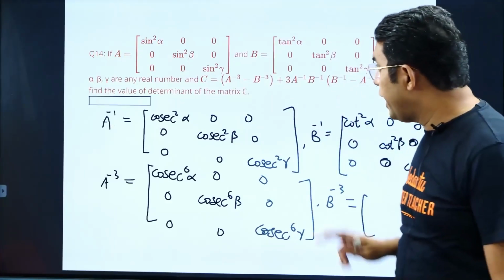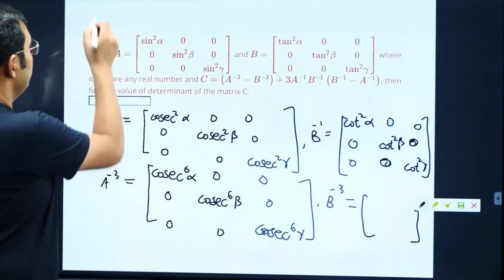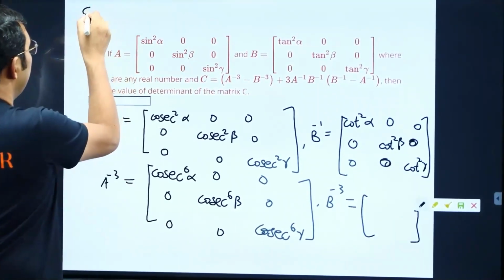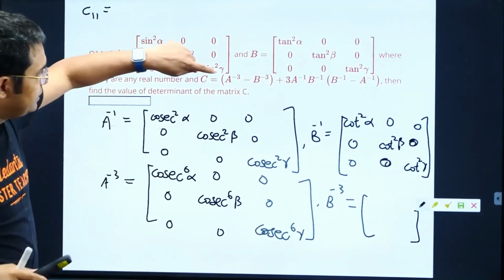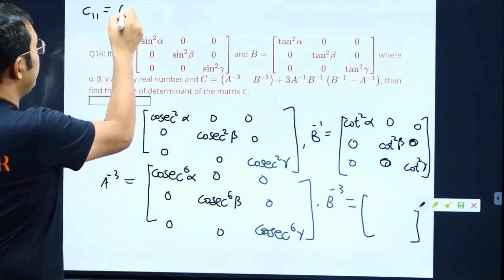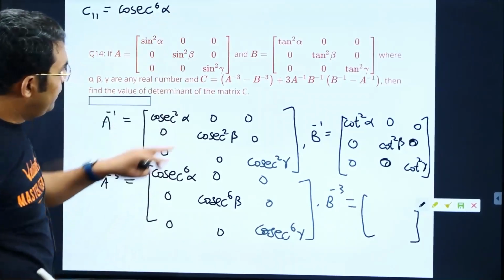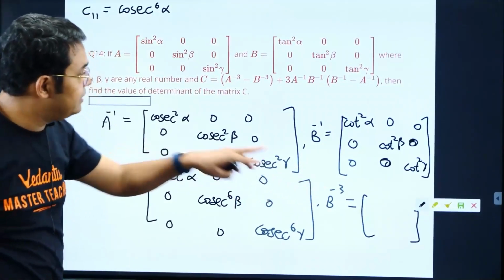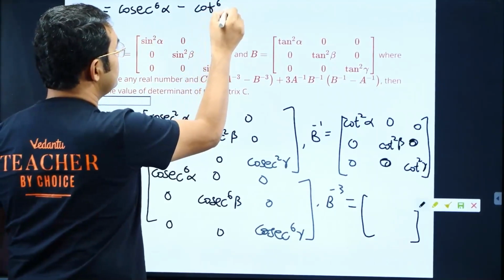Now to find the value of C, let me write just one element of C, that is C11. One element of A power minus 3 I am just considering here, that is cosecant raised to the power 6 alpha, then minus B power minus 3, that will be minus cot raised to the power 6 alpha.